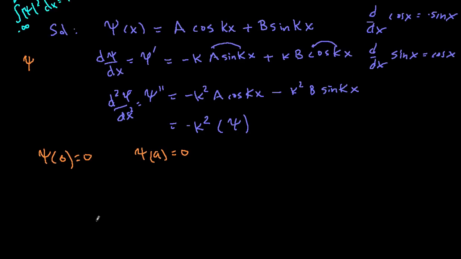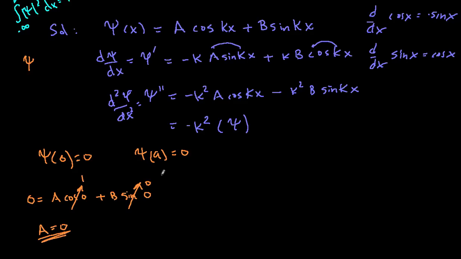Okay, so that means that 0 is equal to A times cosine of k times 0, it's cosine of 0, plus B times sine of 0. Well, sine of 0 is in fact 0, and cosine of 0 is 1. So in fact, we've now just determined that A is equal to 0.